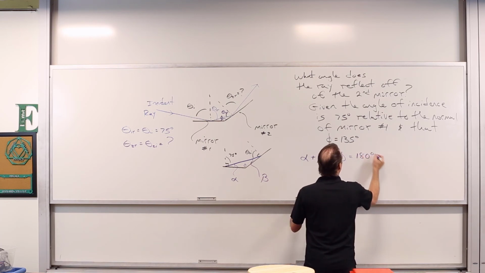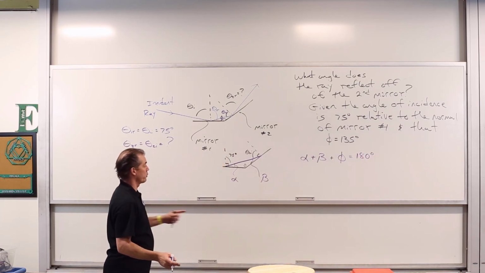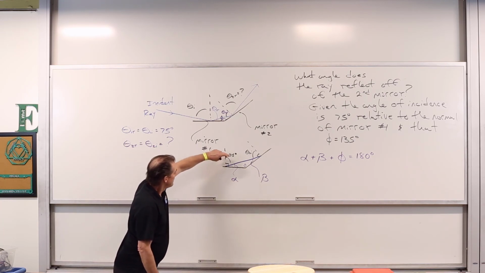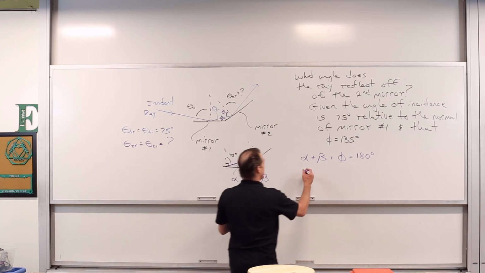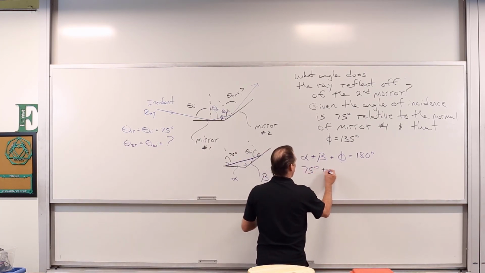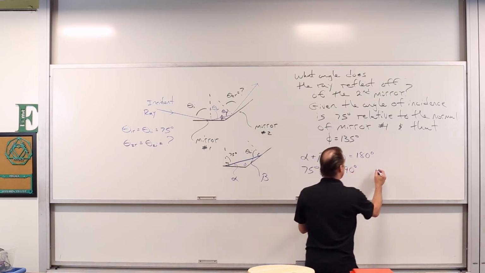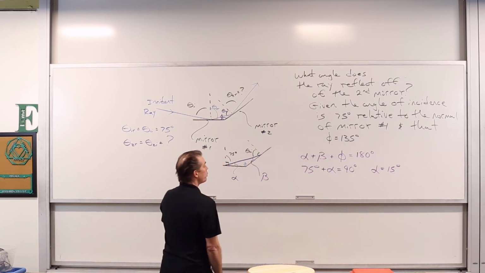There's a nice relation between those three angles, and one of them we know. We also have to have that 75 degrees plus alpha is equal to 90 degrees, which then says that alpha has to be equal to 15 degrees.